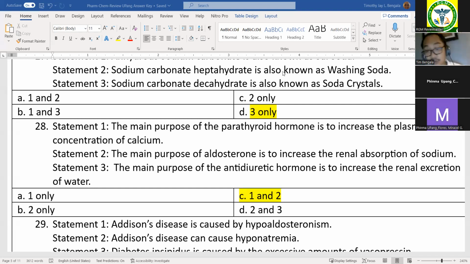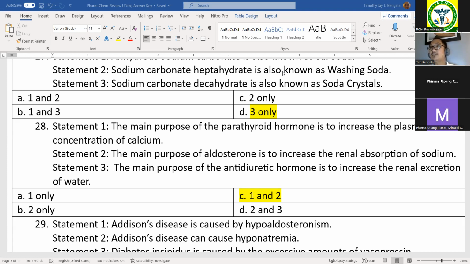parathyroid gland or parathyroid hormone. So, number 1, yes, tama yan. Main purpose ng parathyroid hormone ay padamihin yung plasma concentration of calcium. So, paano niya pinapataas yun? So, pinapataas niya because sasabihin niya kay bone, dissolve phosphate. Dissolve the bone, para magkaroon ng calcium and phosphate.